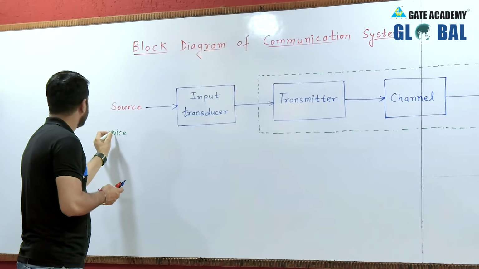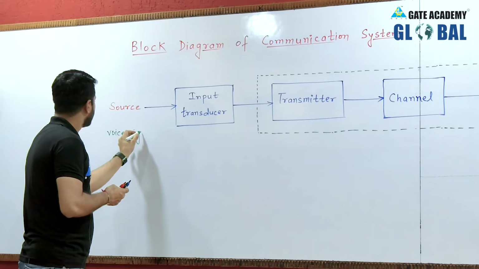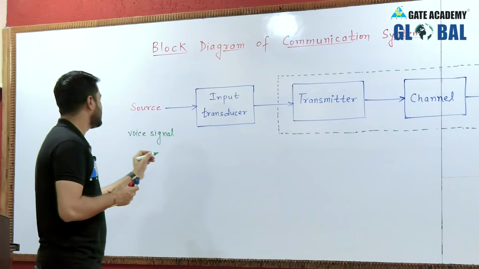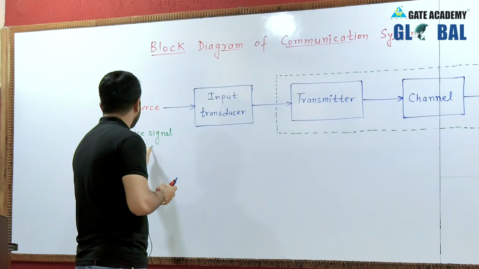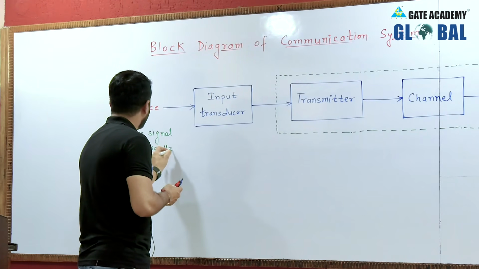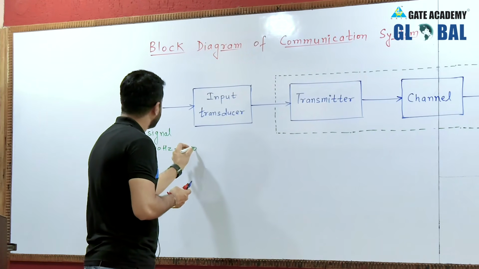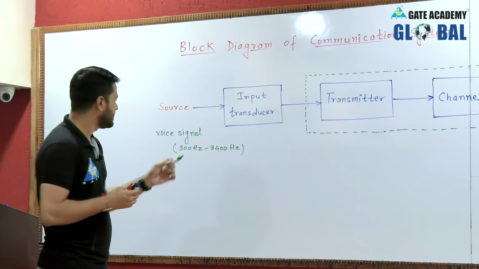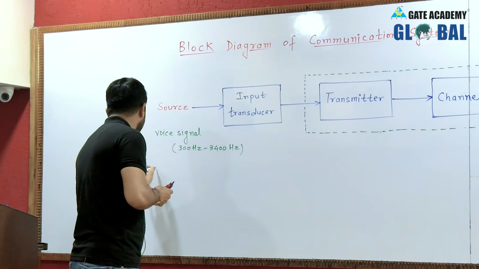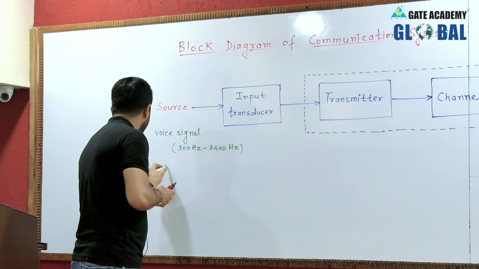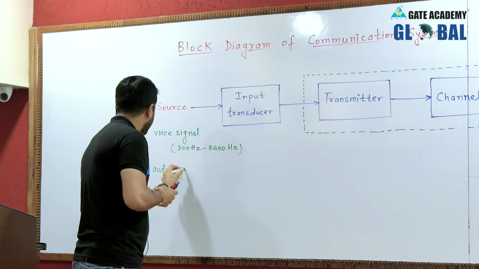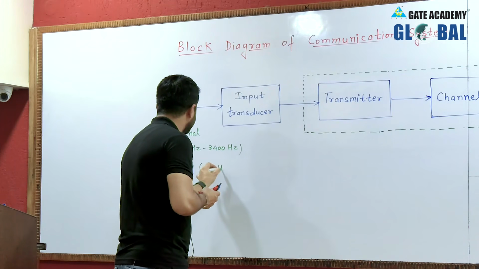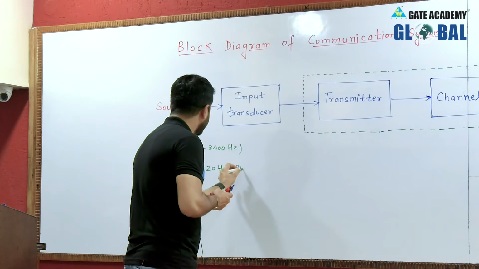voice signal, and this voice signal or speech signal has a range of 300 Hz to 3400 Hz. This is the voice signal or speech signal which we consider, and the other one is the audio signal, and the audio signal has a range of 20 Hz to 20 kilohertz.